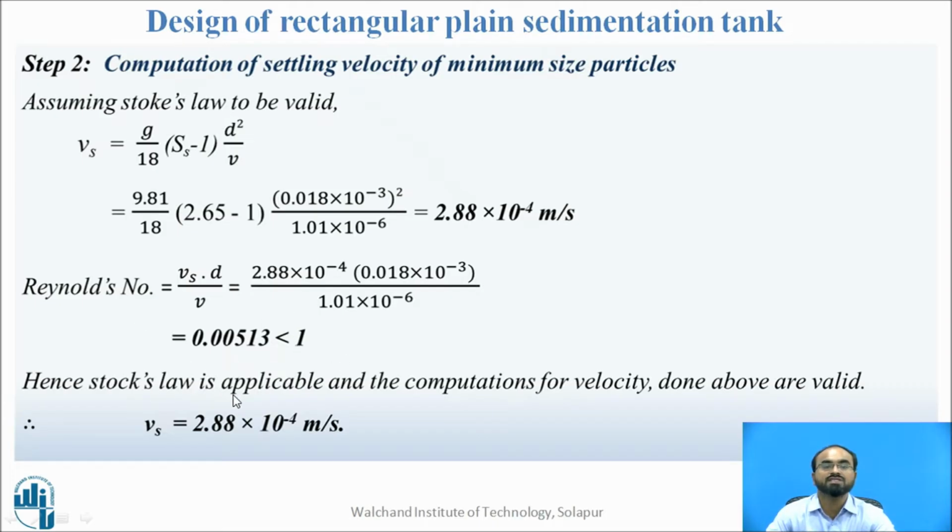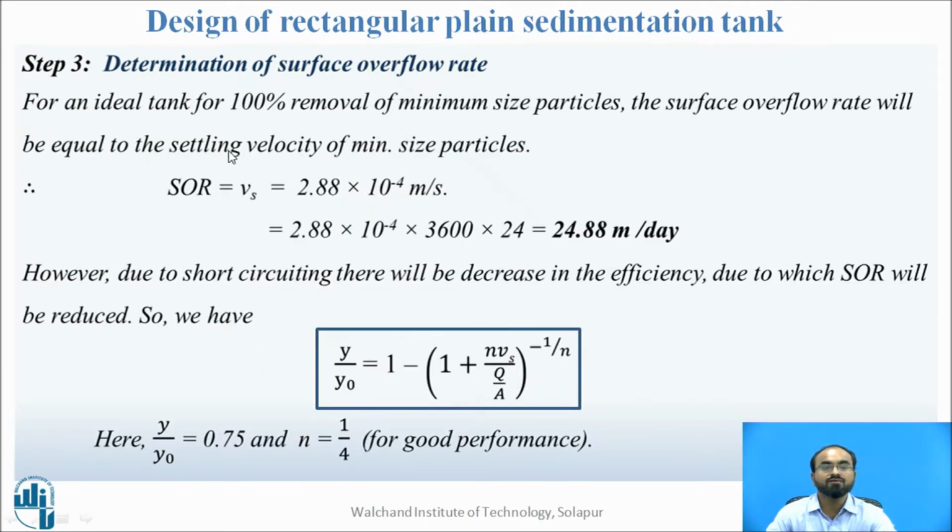Therefore Stokes law is applicable and the computation for velocity is valid. So Vs we take as 2.88 into 10 raised to minus 4 meter per second, as this velocity is valid. Now going for determination of surface overflow rate.